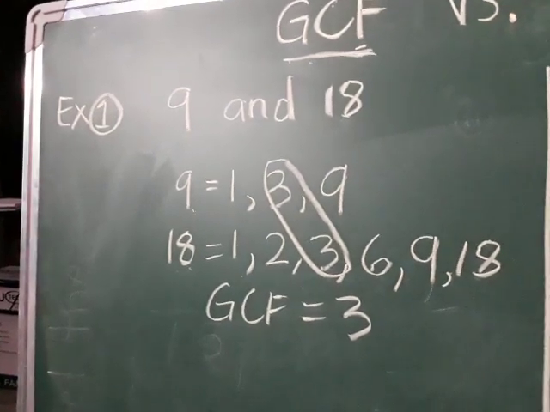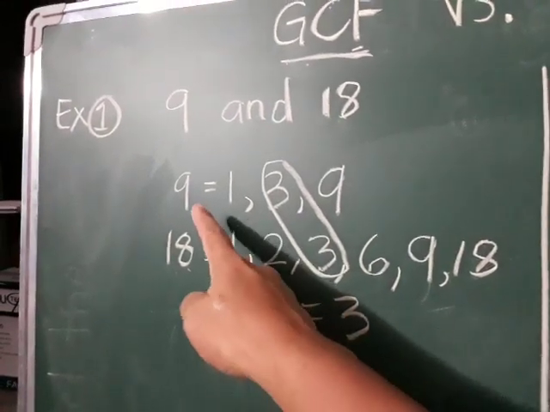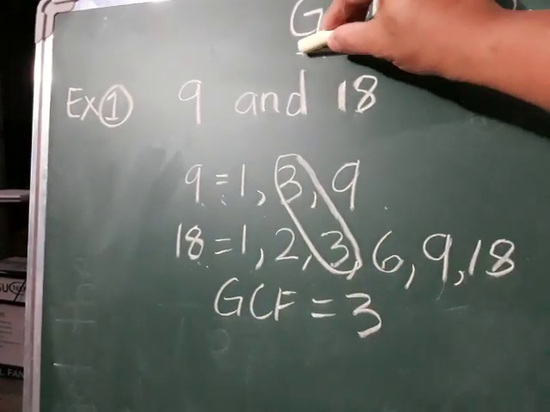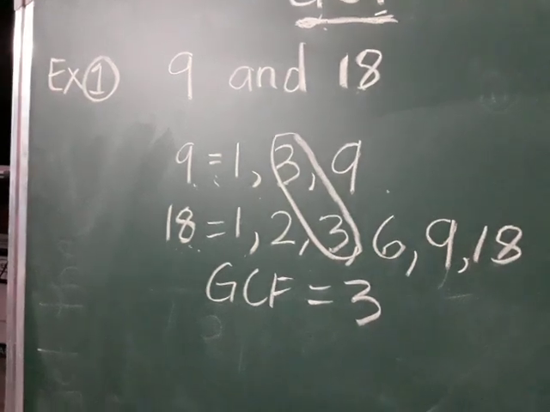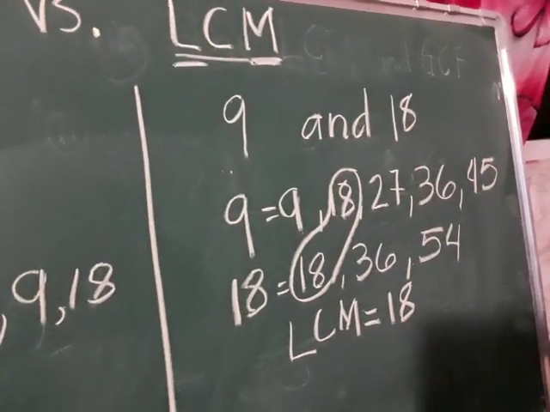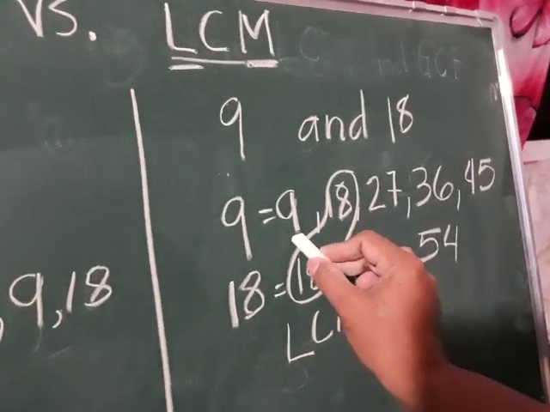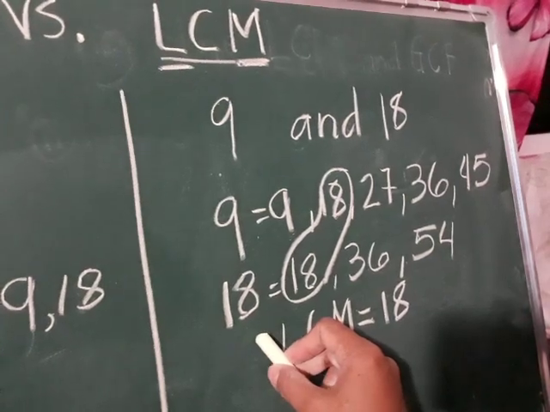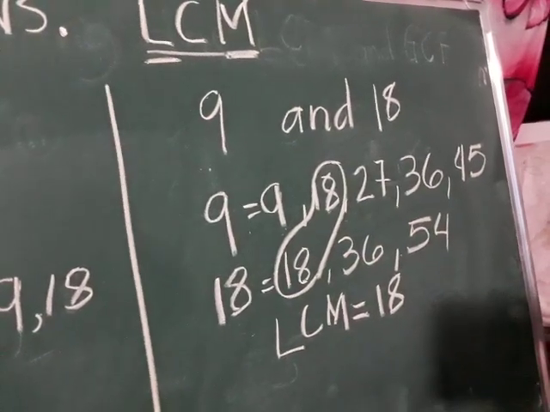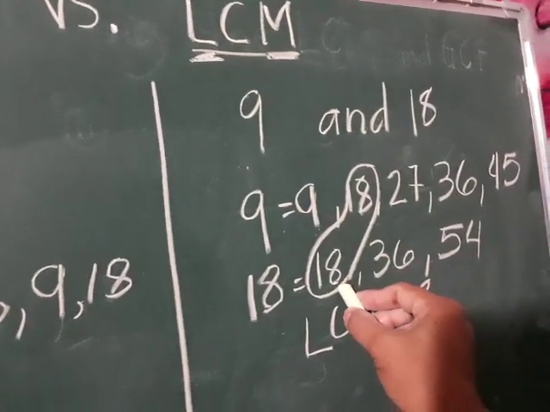Okay, so let's review one more time before we proceed. For GCF, from the word F, which is factor, we need to list all the factors of the given numbers, and then get the greatest, meaning the highest number that they have in common. While for LCM, we're going to list the multiples of the numbers by adding or by skip counting, and then we need to get their least or smallest common number.